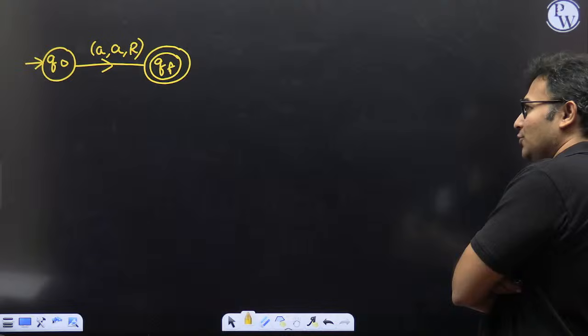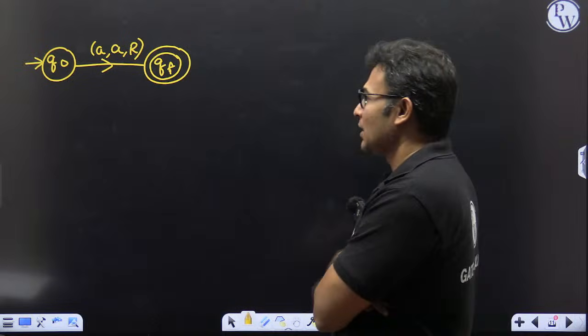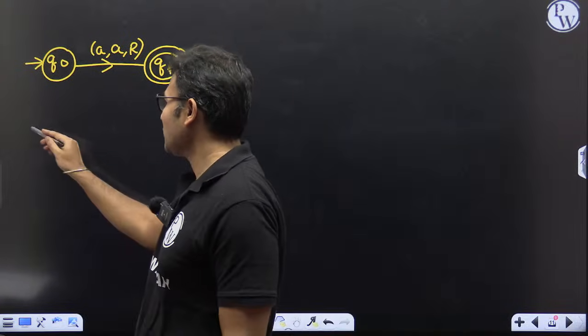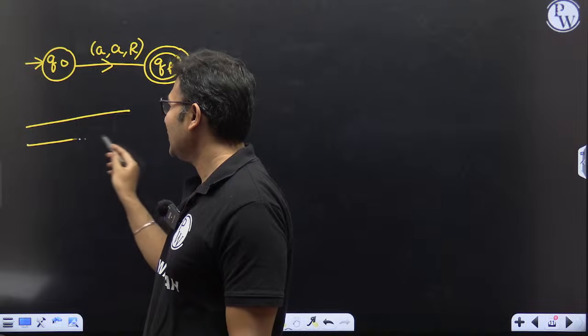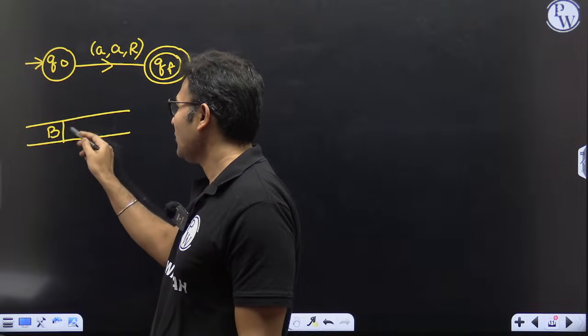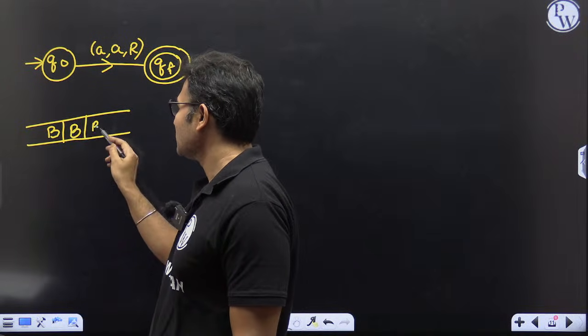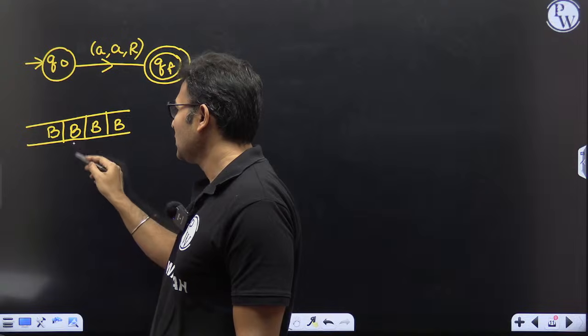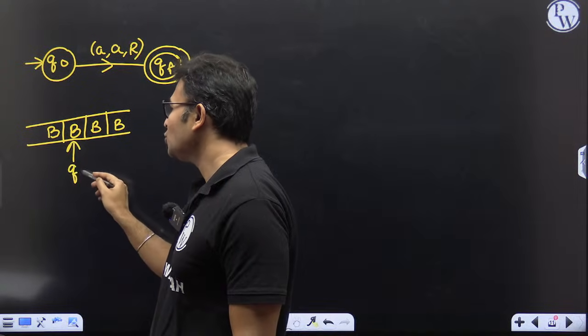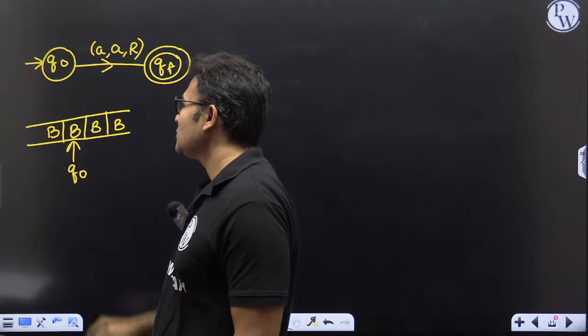As usual, you start with epsilon. So let us say blank, blank, blank, blank. This is epsilon. Now initially you will be in state Q naught. For Q naught, blank is not defined.